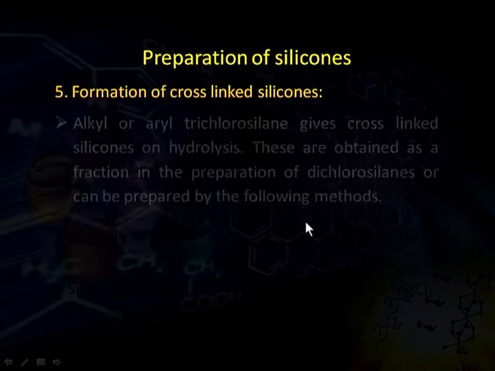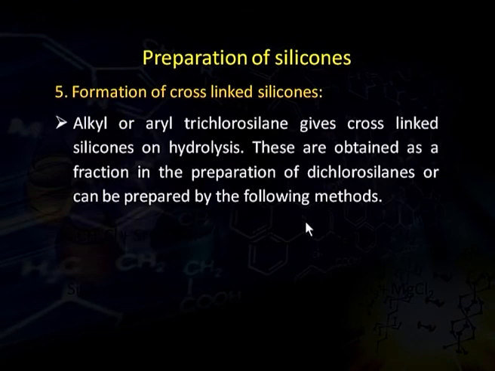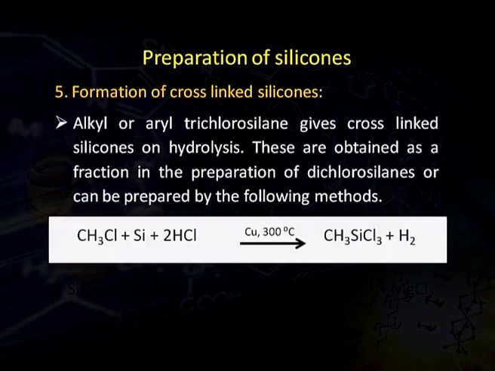Formation of cross-linked silicones. Alkyl or aryl trichlorosilane gives cross-linked silicones on hydrolysis. These are obtained as a fraction of preparation in dichlorosilanes or can be prepared by the following methods. By this method we have prepared the alkyl silane, and by this method we have prepared the aryl silane.